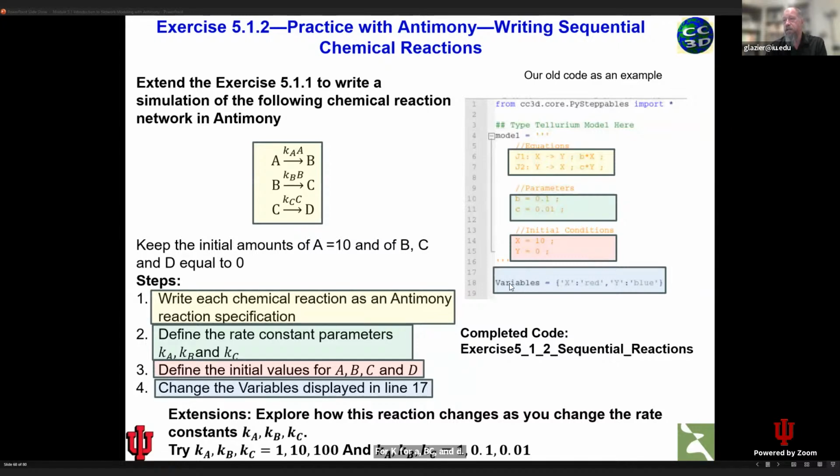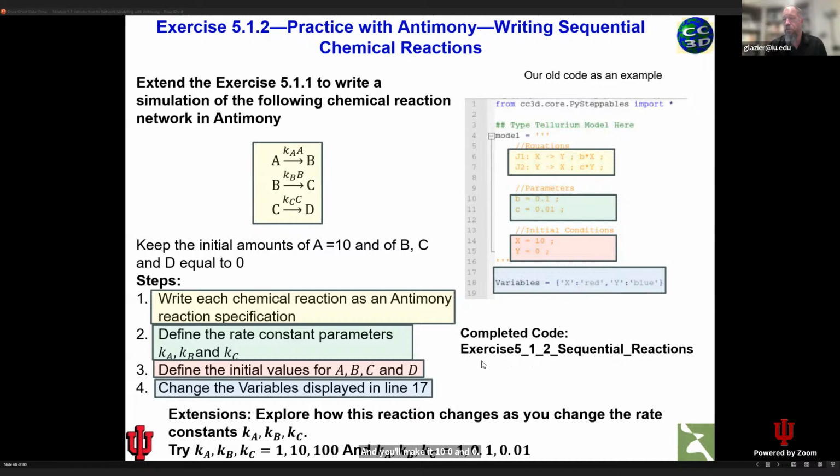And then finally, in line 18, instead of just displaying X and Y, you want to display A, B, C, and D. You can use simple color names like green and blue, and green and orange, if you like.